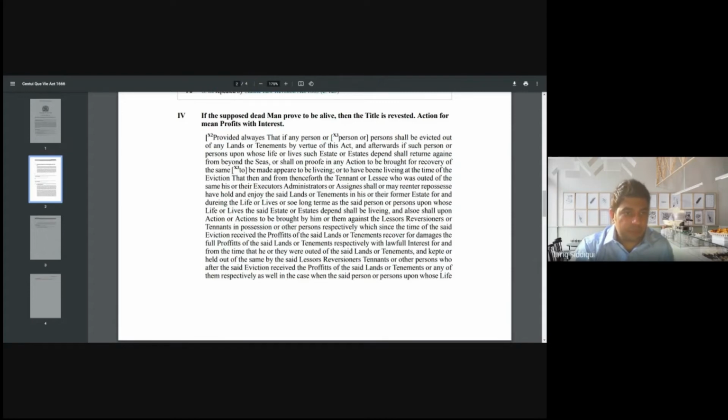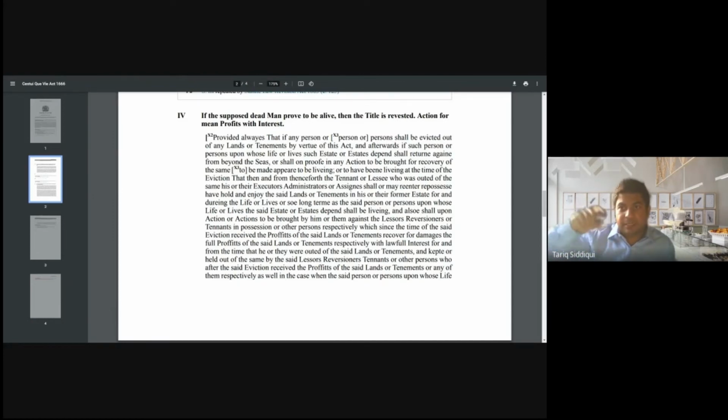Action for mean profits with interest. So what that means is, say that you come back alive and you claim yourself to be alive, and there are witnesses that say, yes, this man is alive or a woman is alive. Then the title is revested, meaning what? The title is broken. There's a chain, there's a link, right?